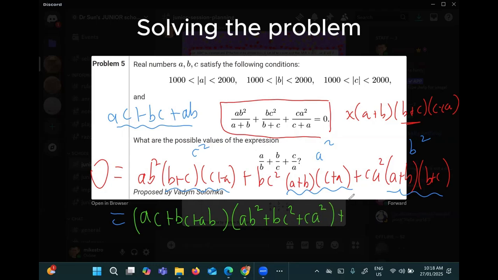Plus, and now this is the other stuff. So now you have AB squared times C squared, right? Does that make sense? Plus BC squared times A squared. Yeah? And here we have CA squared times B squared, yeah?